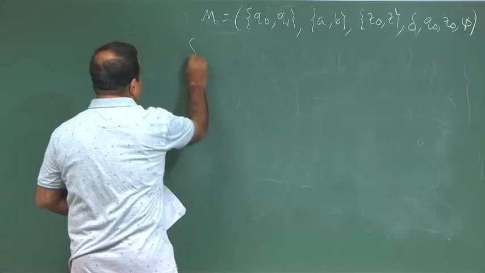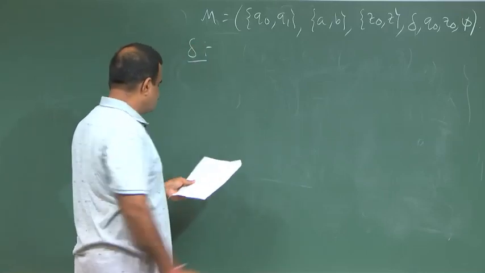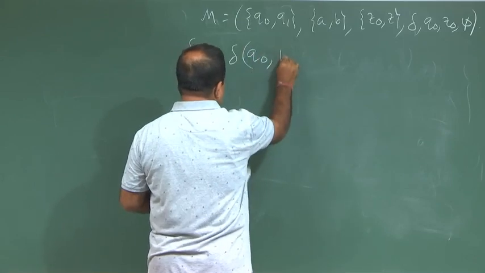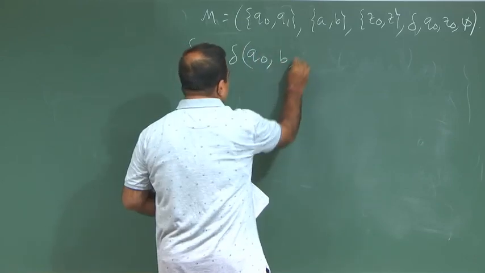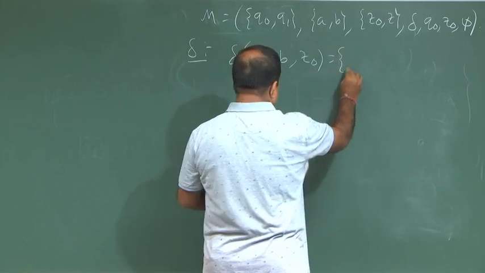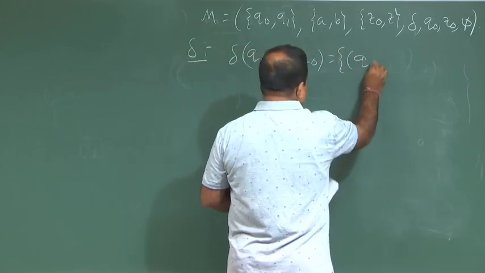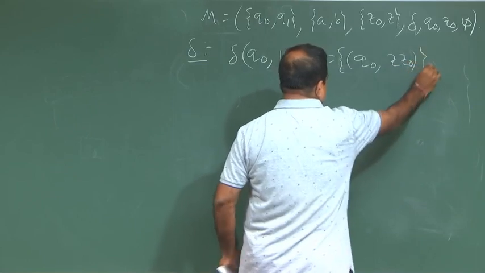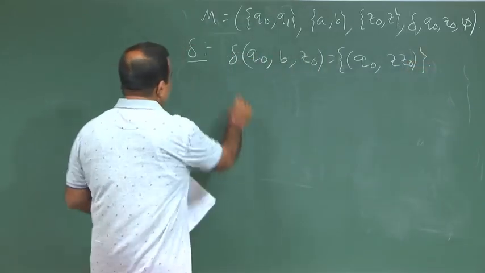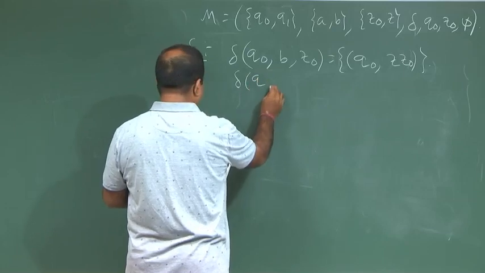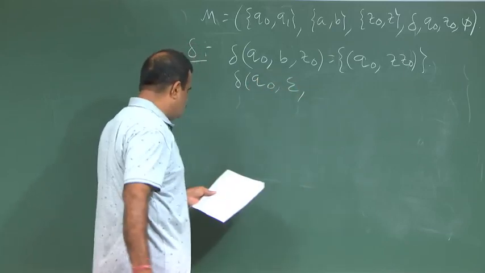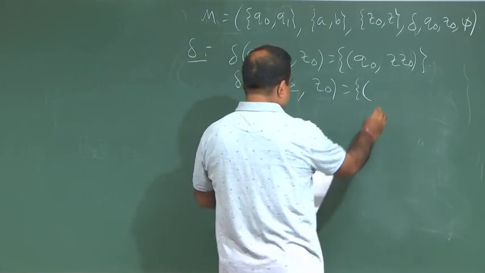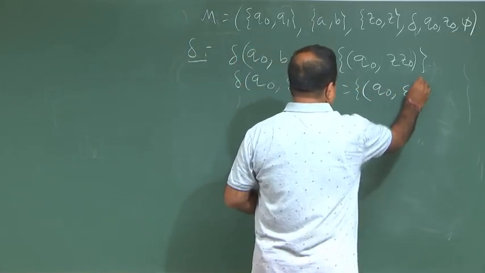Delta is given by this: delta of q0, b, z0 is q0 z0. Then delta of q0, epsilon, z0, there is an epsilon move over here, this will give us q0 epsilon.